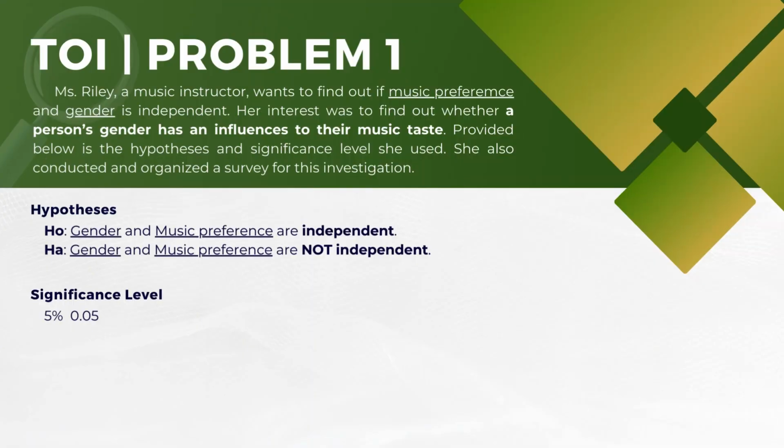For our test of independence problem number 1, Miss Riley, a music instructor, wants to find out if music preference and gender are independent. Her interest was to find out whether a person's gender has an influence on their music taste. Provided below are the hypotheses and significance level she used. She also conducted and organized a survey for this investigation.